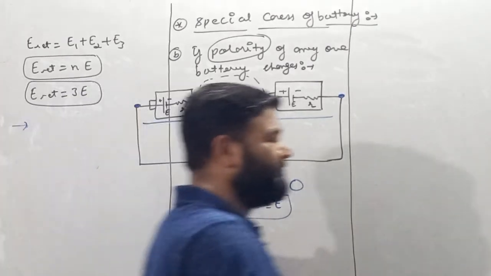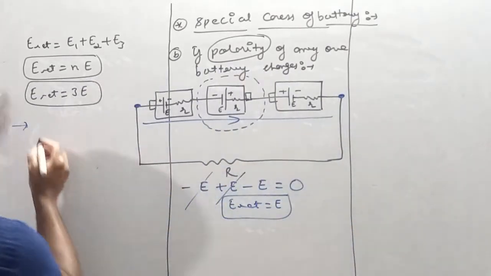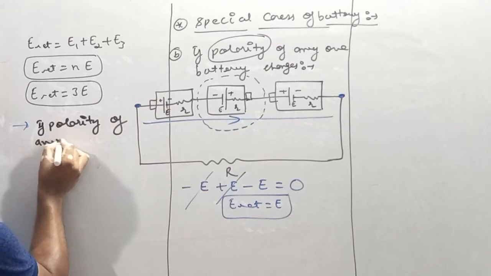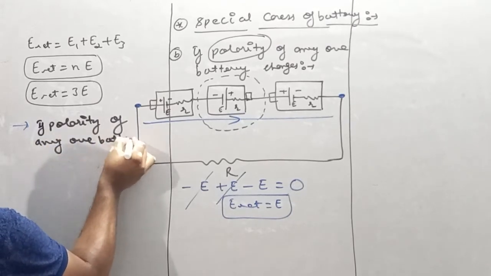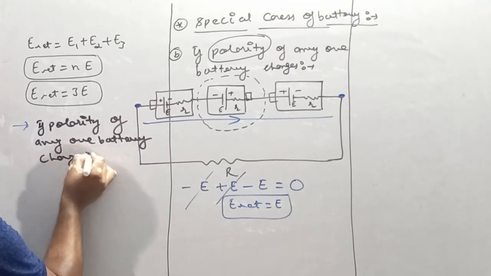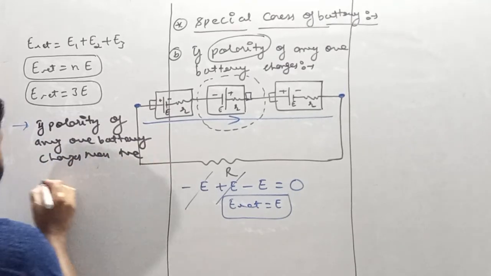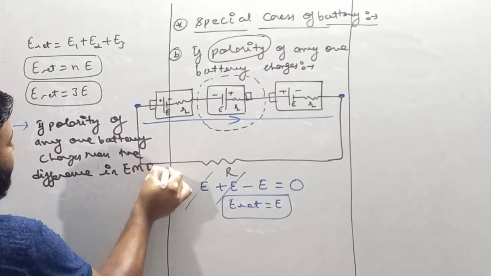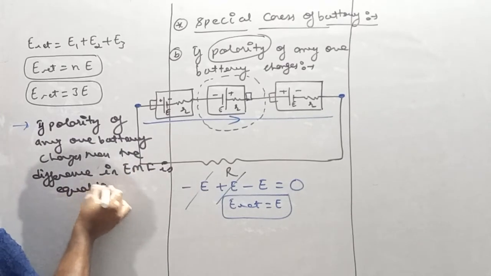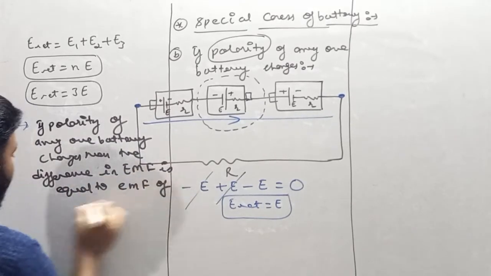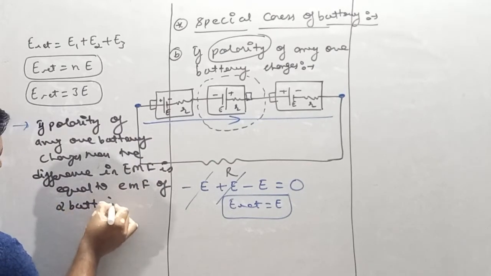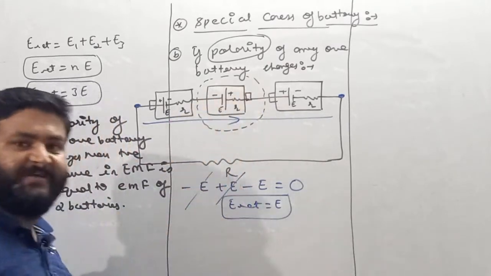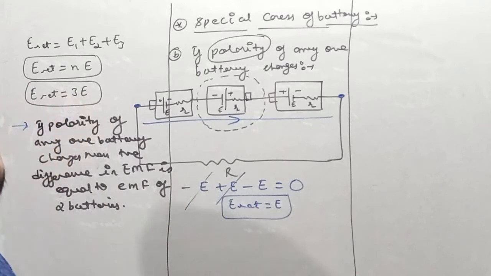So I'll write here in the form of a note that if the polarity of any one battery changes, then the difference in EMF is equal to the EMF of two batteries, because if this battery is connected in the right way, then the net EMF becomes equal to 3E.